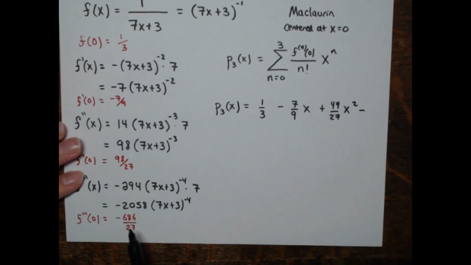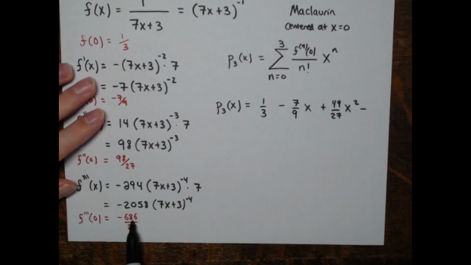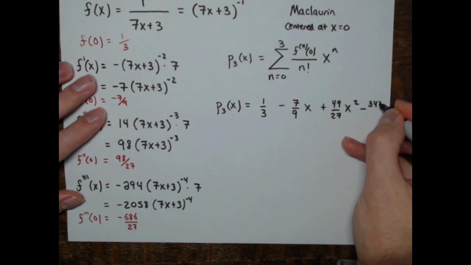And then minus 686 over 27, dividing that by 3 factorial. Now 2 goes into this 343 times, and that's not divisible by 3. So when I divide by 6, that's dividing by 2 and by 3. That'd be 343, and there'd be another 3 down here making this 81. So 343 over 81 x to the third.